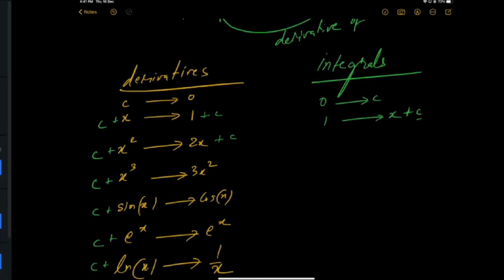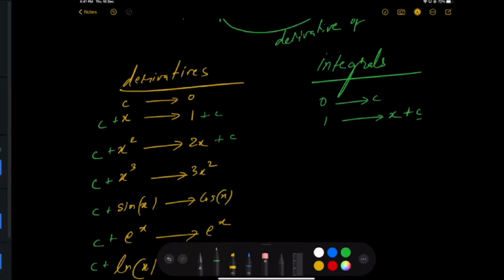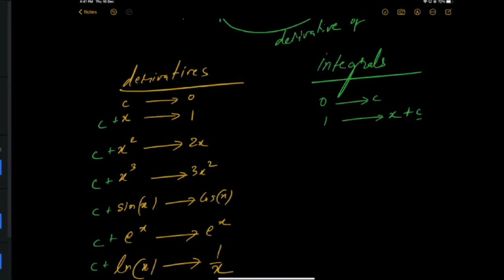What is the integral of 2x? It's x square plus c. What is the integral of 3x square? It's x cube plus c. What is the integral of cos x?